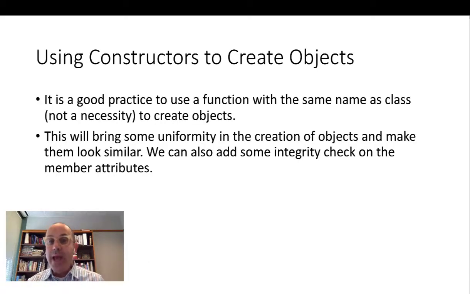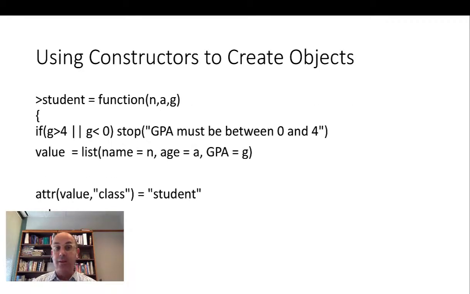One of the things that I want you to know is how to create a new object. It is good practice to use a function with the same name as the class, but it's not necessary to create an object. This will bring some familiarity to the creation of objects and make them look more similar. So I will add some checkpoints so you will be able to understand.